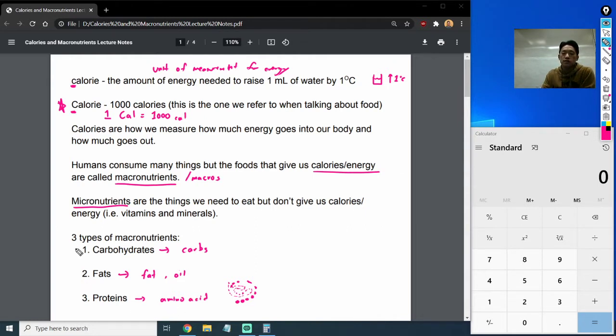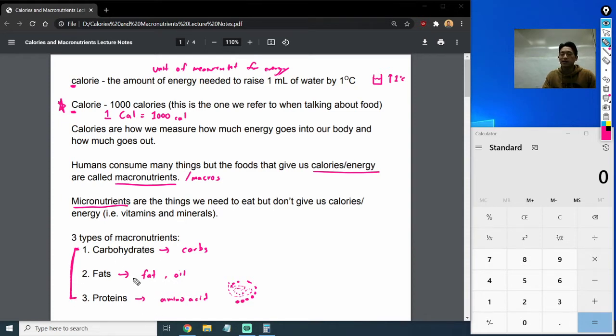Now we'll go very into detail on all three types of macronutrients, but just know that the foods that contain these macronutrients are the ones that give us energy. So things that don't have these macronutrients, they don't give us any energy. They might give us micronutrients, things that we need to eat to survive, but the only things that give us energy are these macronutrients.